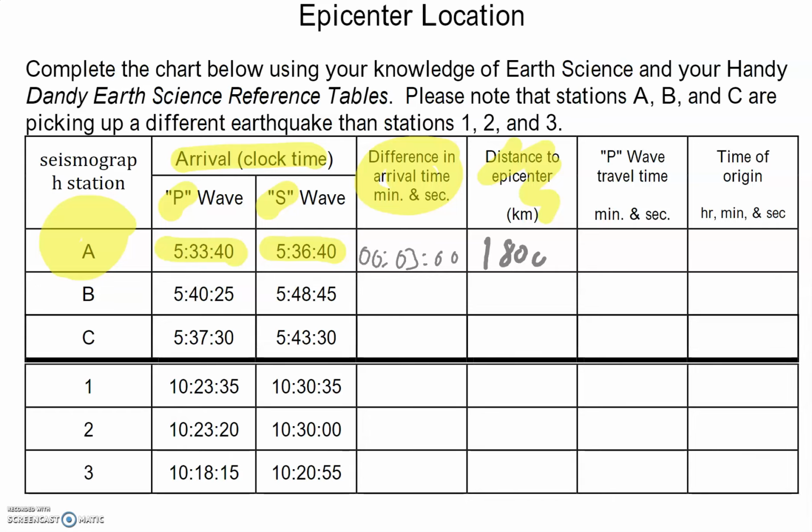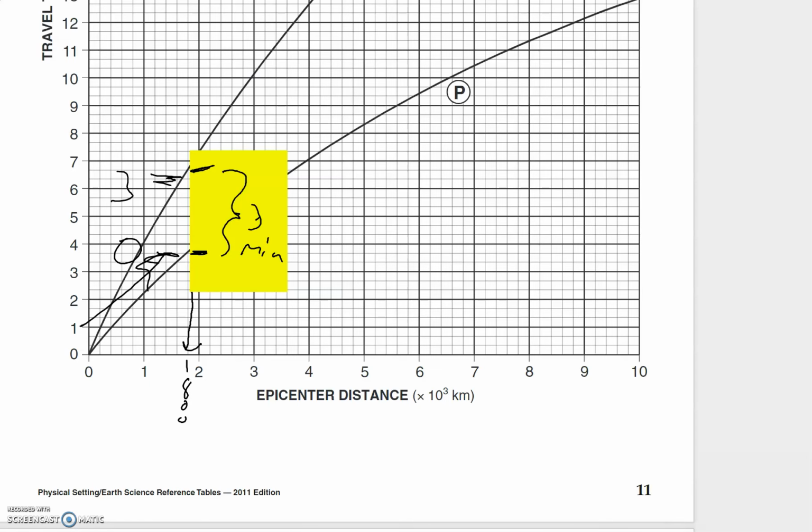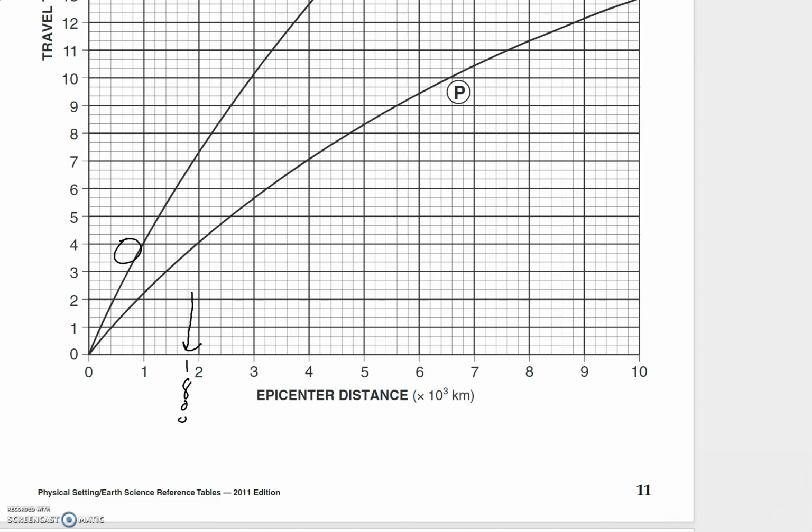Now, how do we find the P-wave travel time? We go back to our reference tables. I can erase all of this stuff up here, but I still want to keep my 1,800 mark. So that's right there. I'll go up to my P-wave, and from there, I'll travel all the way across to this line. And if you remember, each of these lines was 20 seconds. So this line would be 3 minutes and 20 seconds.